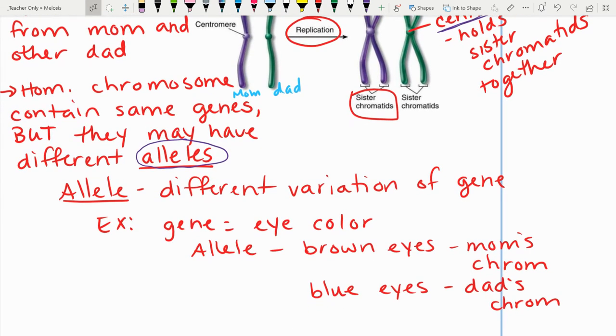Mom might have the allele for brown eyes. Dad may have an allele for blue eyes. That goes with all characteristics found on whichever chromosome. And remember, we have 23 pairs or 46. They're paired up with their homologous pair, so you have 23 homologous pairs.